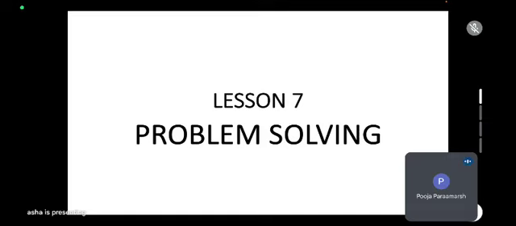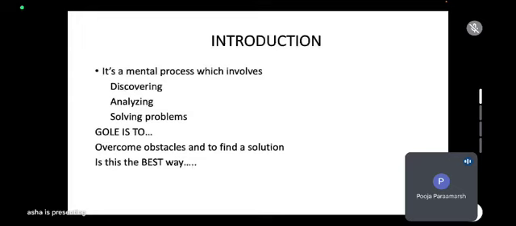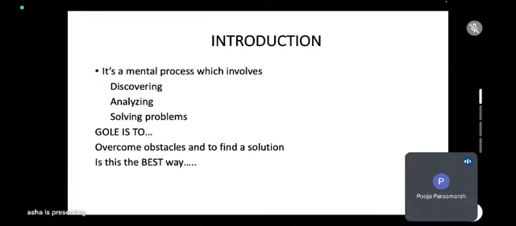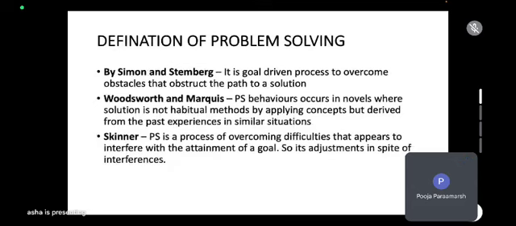So if you want a quick recap or a summary, I can summarize. First comes what a problem is, and how to analyze it. We need to discover, we need to analyze. And there is no one way of solving a problem, right?